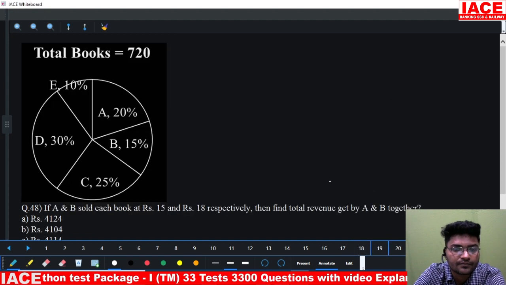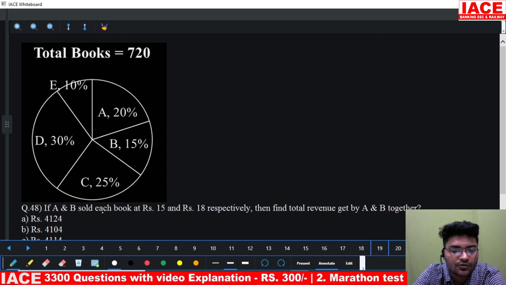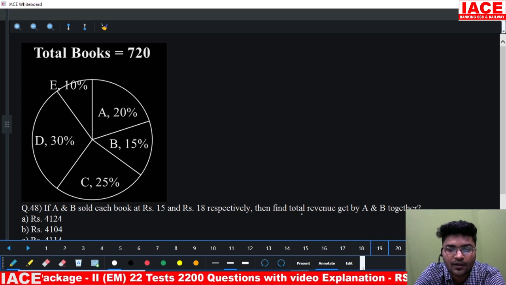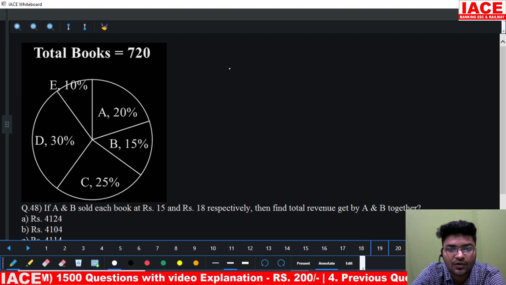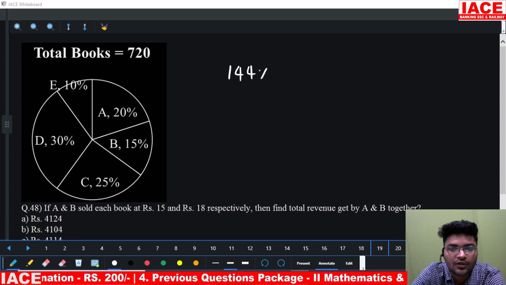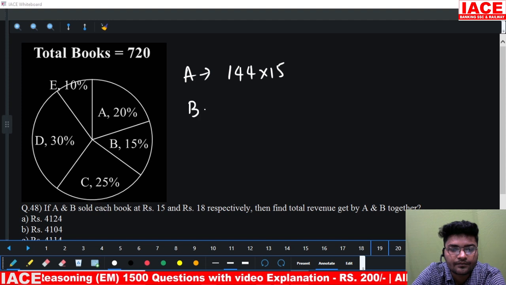Question number 48. A and B sold each book at rupees 15 and rupees 18 respectively. Then find out the total revenue got by A and B together. A is selling 20%. 10% is 72, so 20% means 144. Each book is 15. This is for A. What about B?